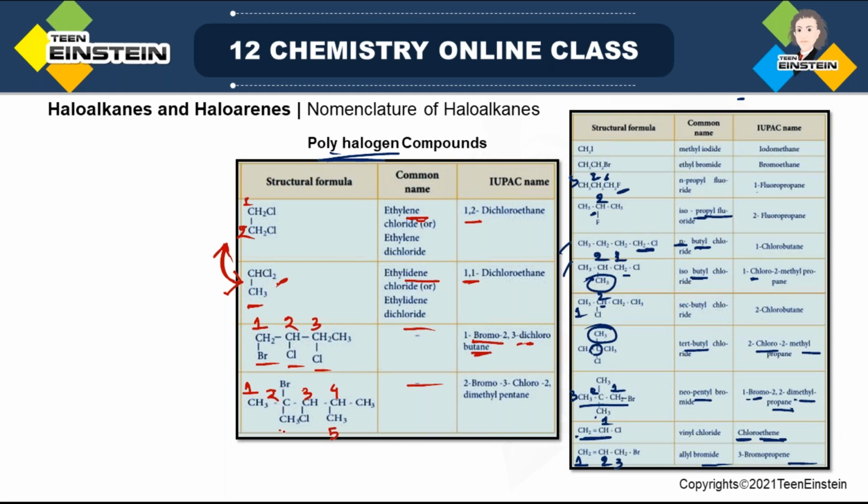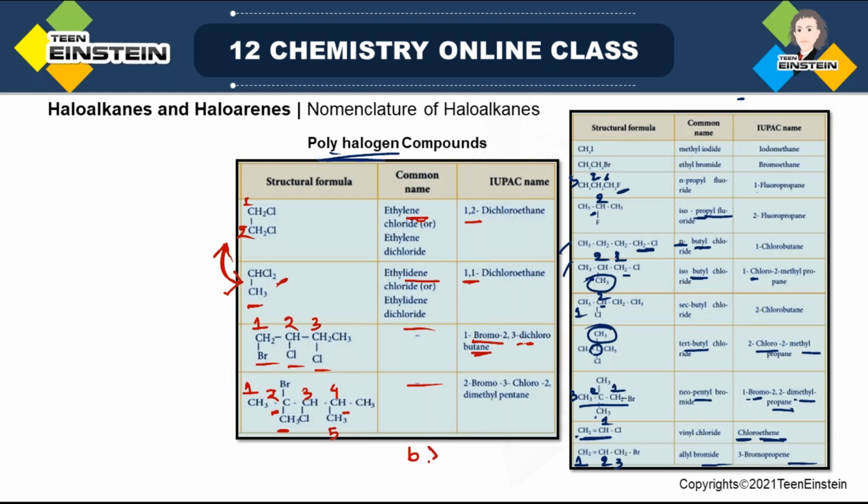And the methyl substituent is at the 2 position and also at the 4 position. Fine. So how will we write the name? There are a total of 3 types of substituent: bromo, chloro, methyl.